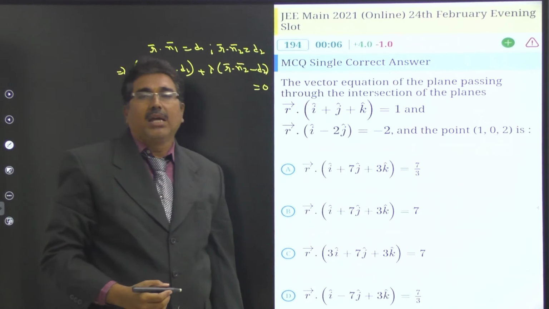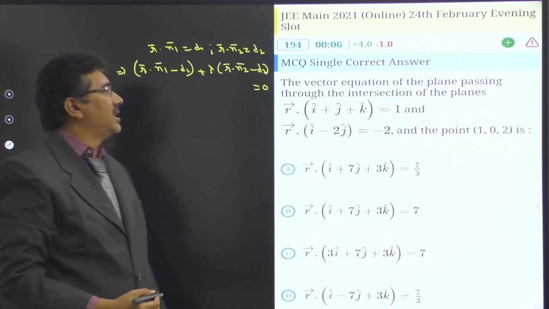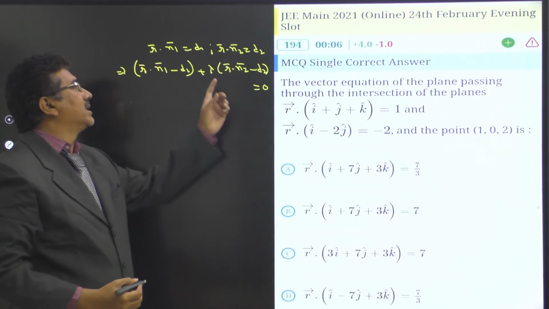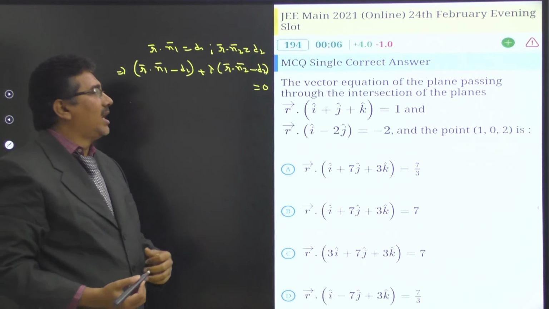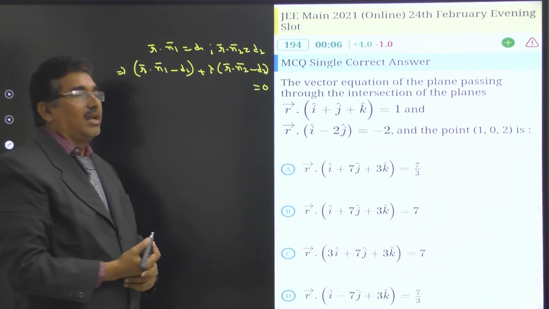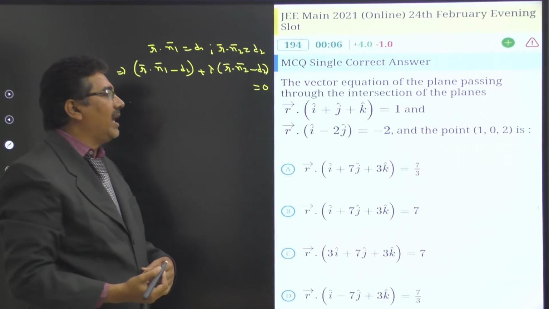That is the required equation of a plane. Now, our aim is to calculate the value of lambda. How to find lambda? What is the support for finding the value of lambda?